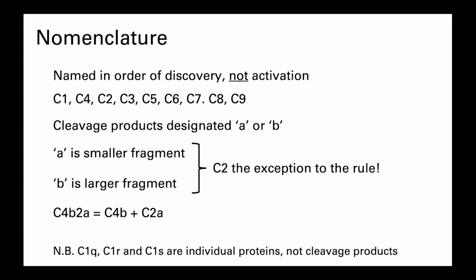If a molecule of C3 were to bind to this complex and be cleaved into C3a and C3b, with the C3b fragment remaining bound, we would write it as C4b2a3b, as the C3b is the last protein to have bound.